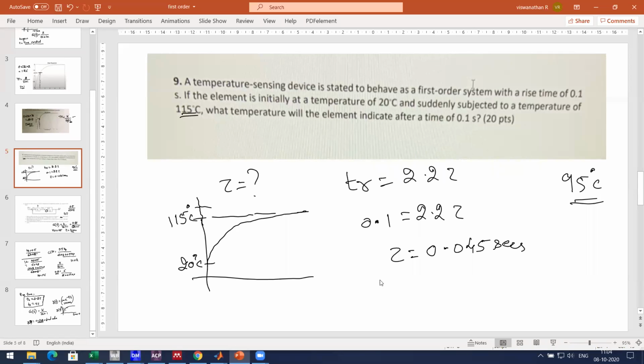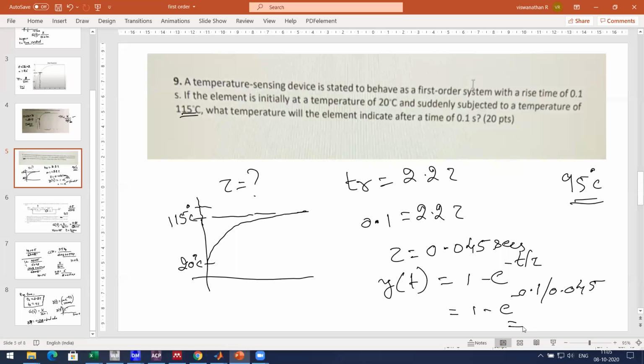Okay, so you have this formula: y of t is equal to 1 minus e to the power minus t by tau. Substitute here: t is equal to 0.1 seconds, divided by tau, which is 0.045.